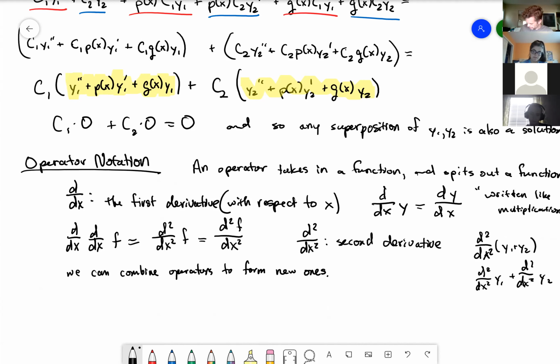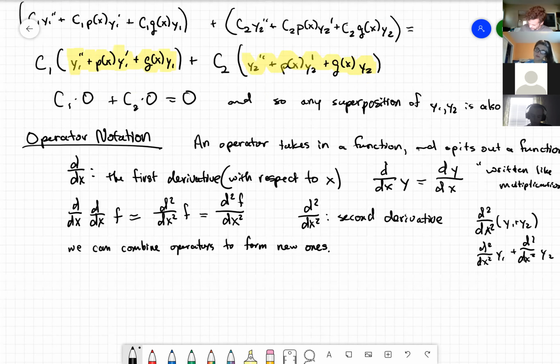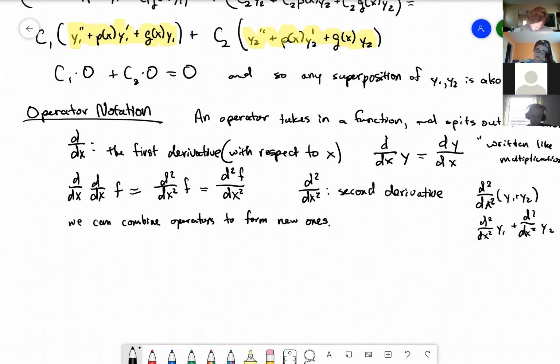One example of doing this is, let's take the second derivative operator, and then we'll add to it something multiplied by the first derivative operator. And then we'll add to this just a function of x. So this whole thing together is some new operator. We'll call it L.